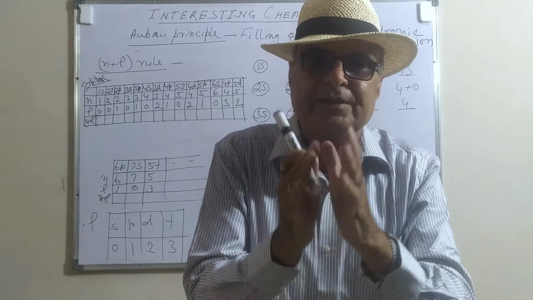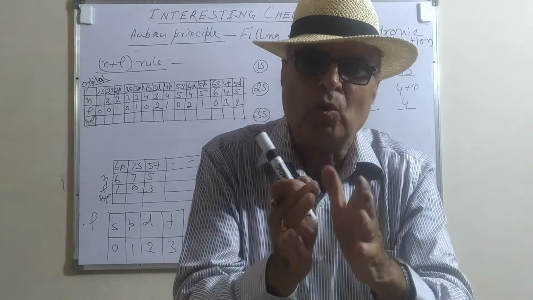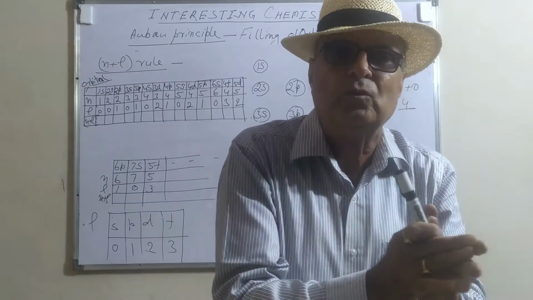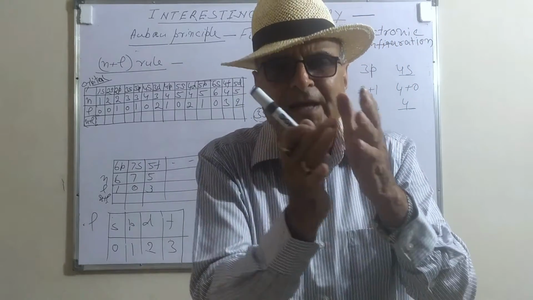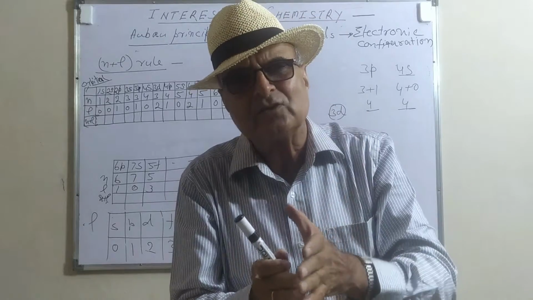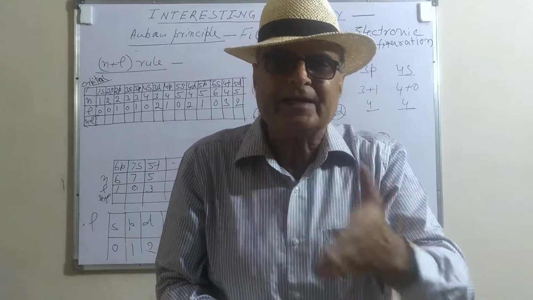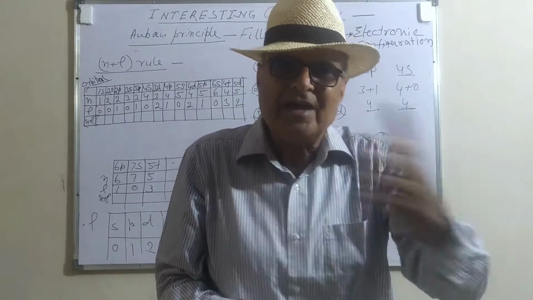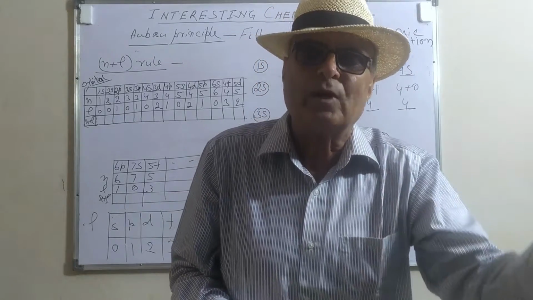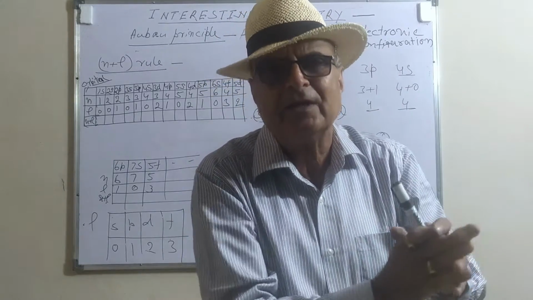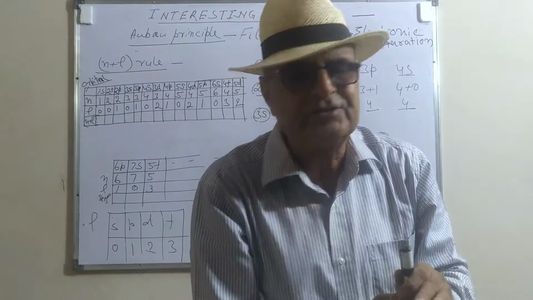The orbital with the low principal quantum number, the low value of N, is lower in energy level, and the orbital with the higher principal quantum number is higher in energy level.